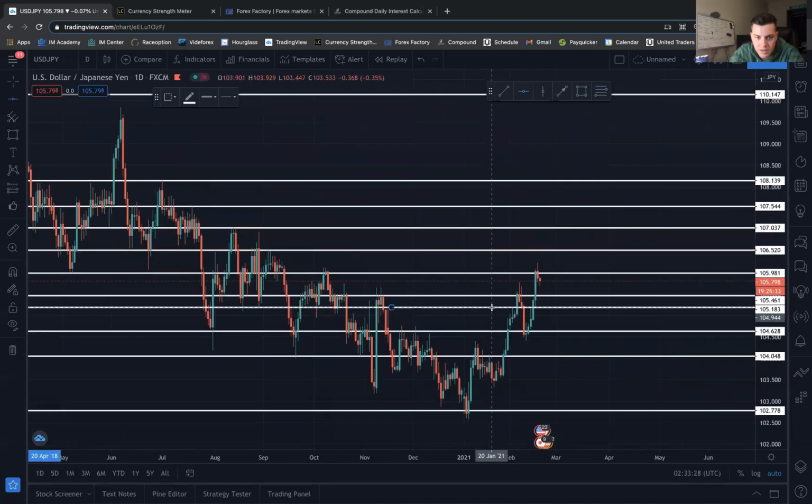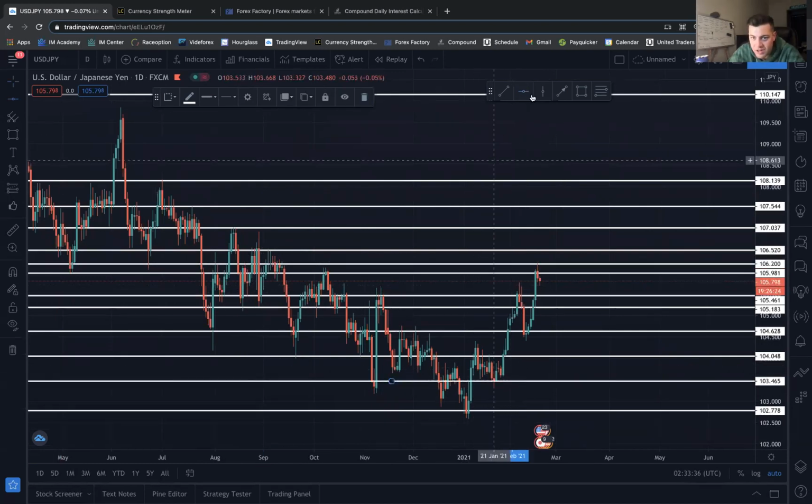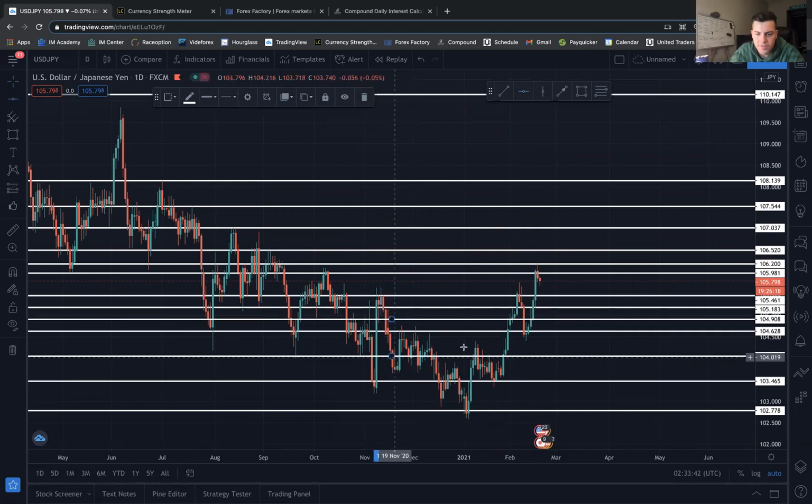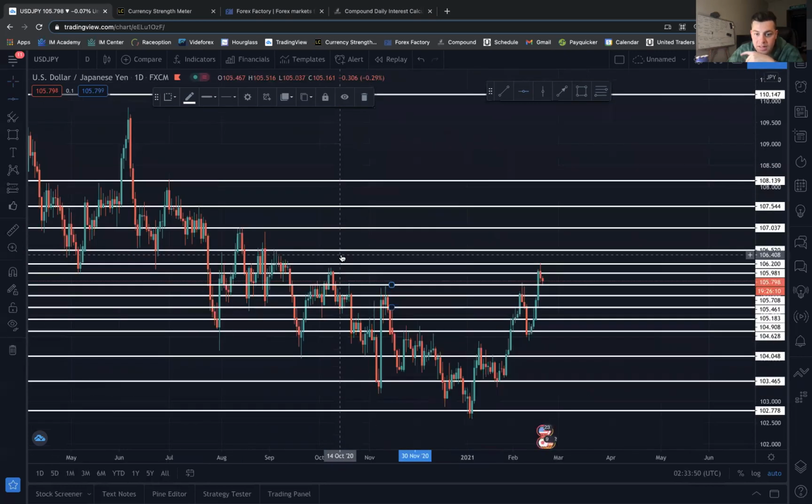Let's say there's a couple other ones. Let's say right here. Yep. Down here, even though it won't really touch there. Let's say right here. Okay, so looking at this, guys, what I see right now is areas that it's bouncing off of.